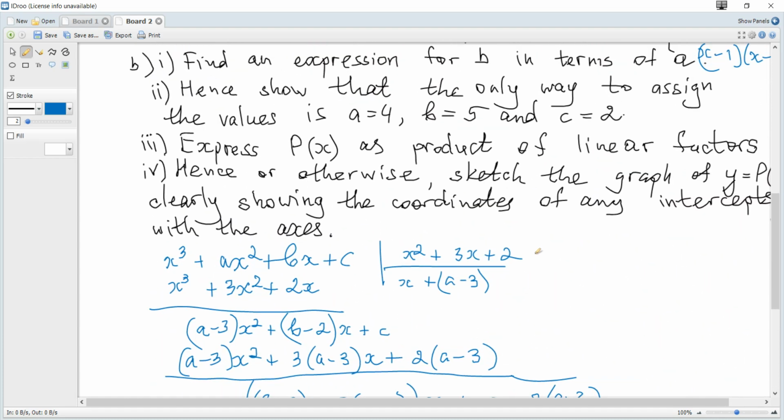The next part: express p of x as a product of linear factors.